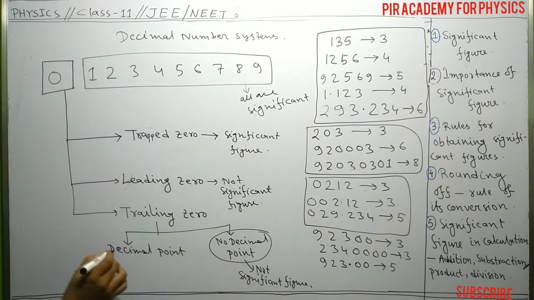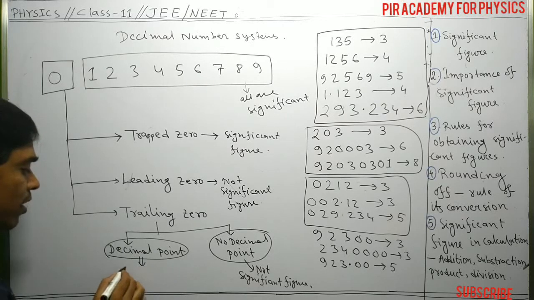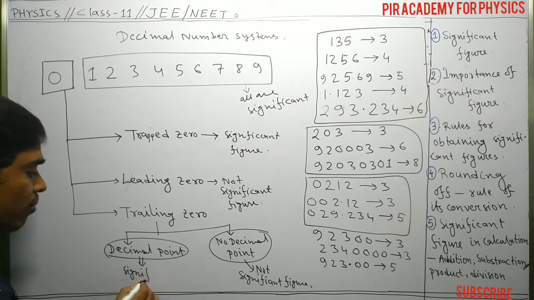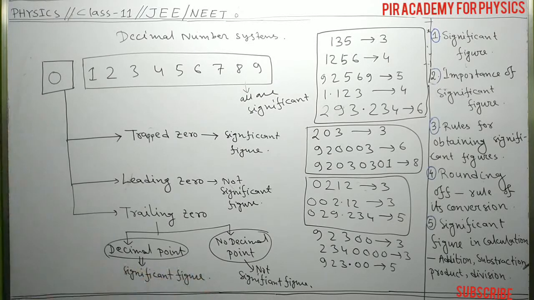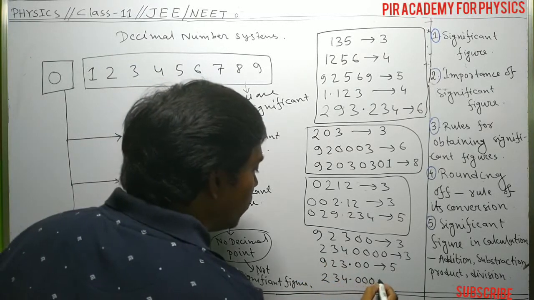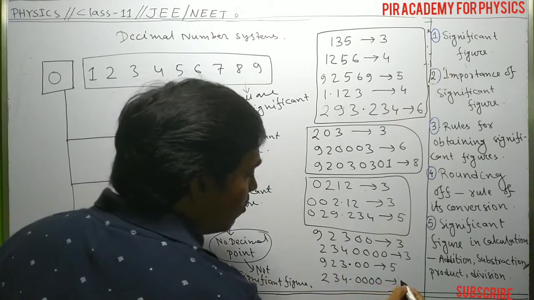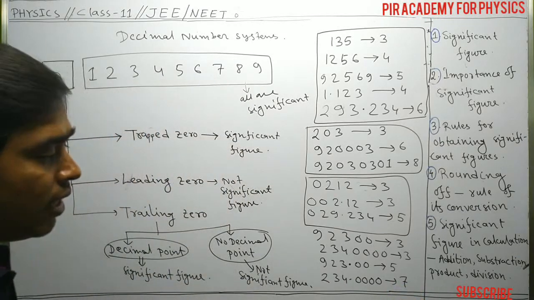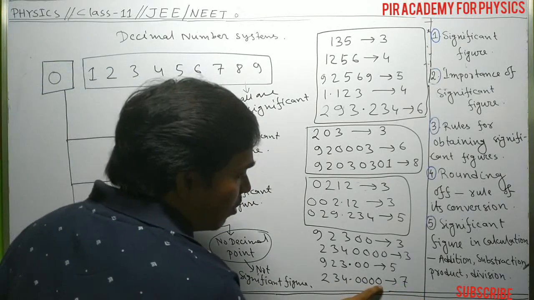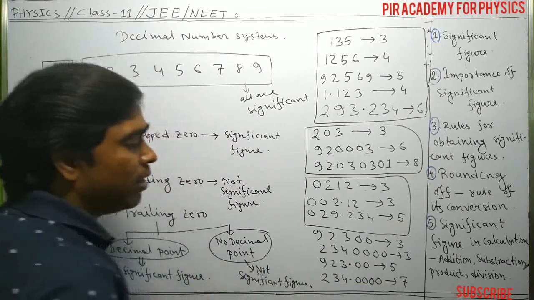That means if there is a decimal point, then the trailing 0s are significant figures. If you see 234.0000, here it is 1, 2, 3, 4, 5, 6, 7. That means the number of significant figures will be 7. This 0 must be a significant figure.